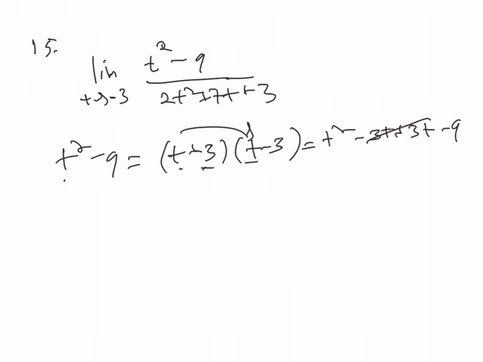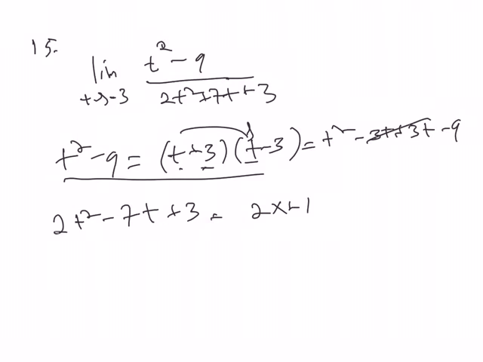So that's that. And then also 2t squared plus 7t plus 3 is equal to 2t plus 1 times t plus 3, right? Because 2t times t is 2t squared, and then you have plus 6t plus t plus 3.